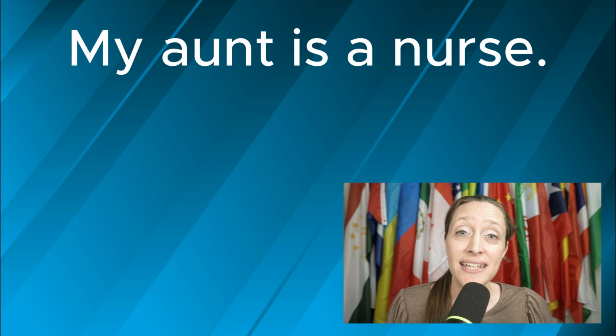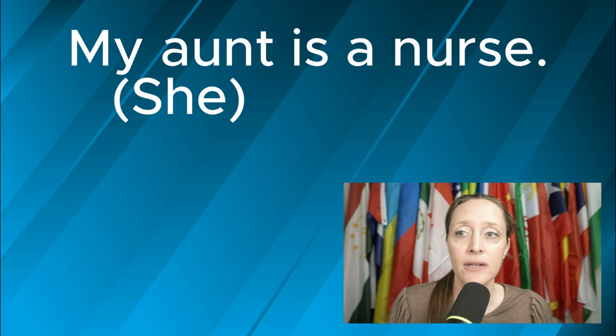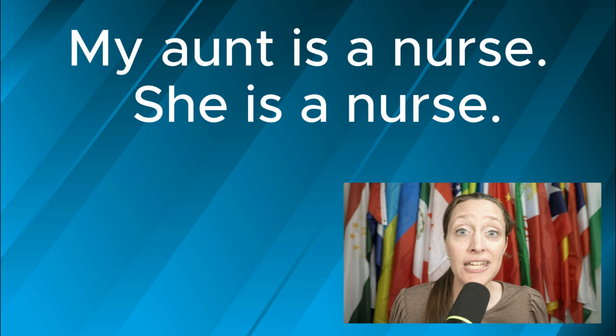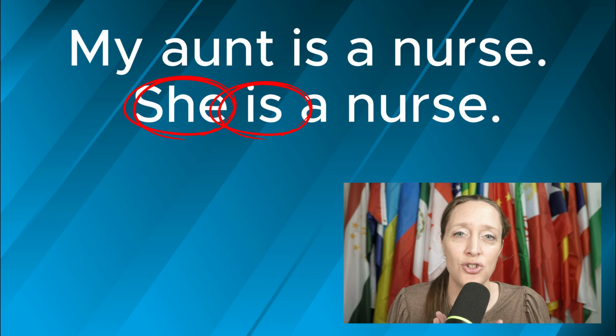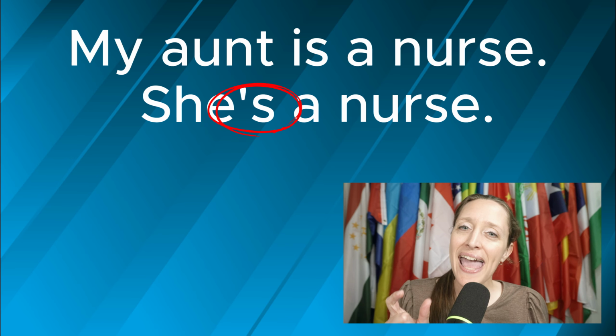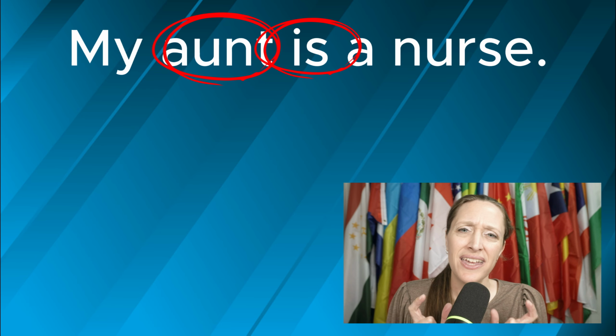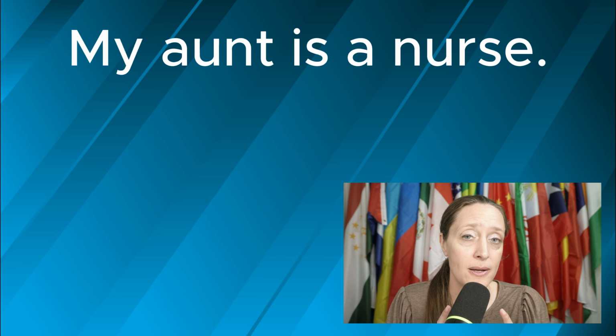Let's look at this sentence. My aunt is a nurse. We can use the word she instead of my aunt. So if we say she is a nurse, we can make she is into a contraction and say she's a nurse. Now, my aunt and is can't grammatically make a contraction.